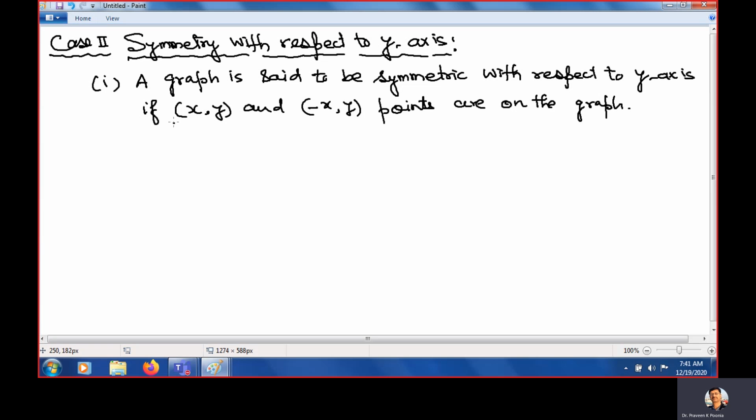That means if the (x, y) point is on the graph, the (-x, y) point should also be on the graph.